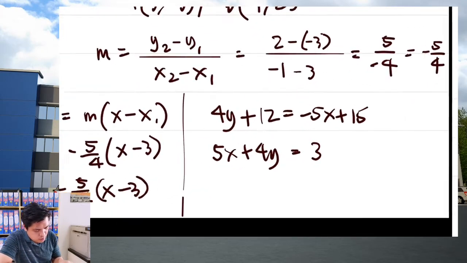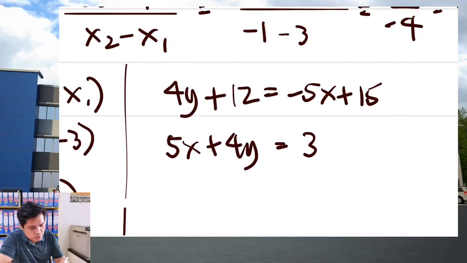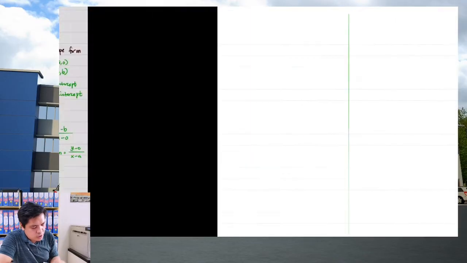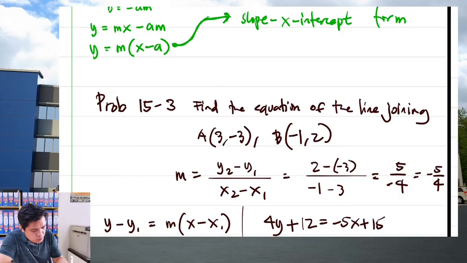Now, if we want to express this as a function, pwede din naman. Meaning if we want to express this as function of x equal to y, so slope-intercept form yung gagamitin natin. Sige, let's try to solve the same problem using slope-intercept form. So, just allow me to copy this.